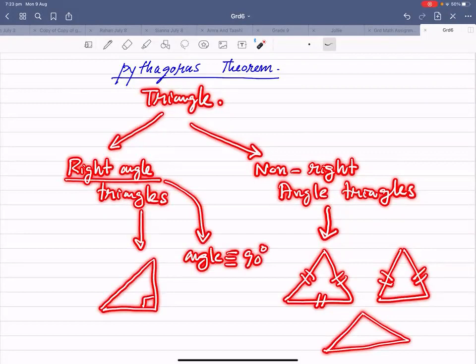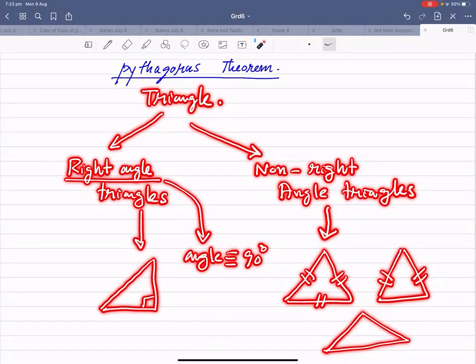Right? So you have to have this picture in your mind. This is very useful till VCE. After that also very useful, a very important knowledge. Many theories come under these two topics: right angle triangles and non-right angle triangles. Non-right angle triangles means none of the angles is 90 degrees.